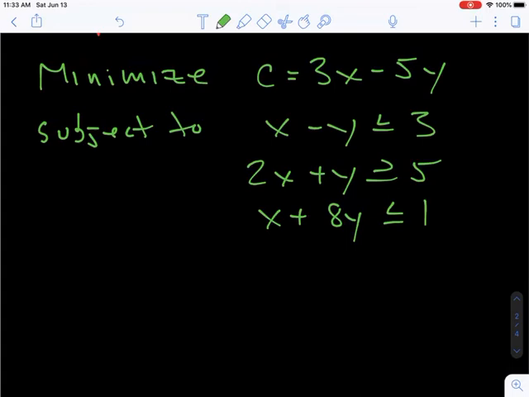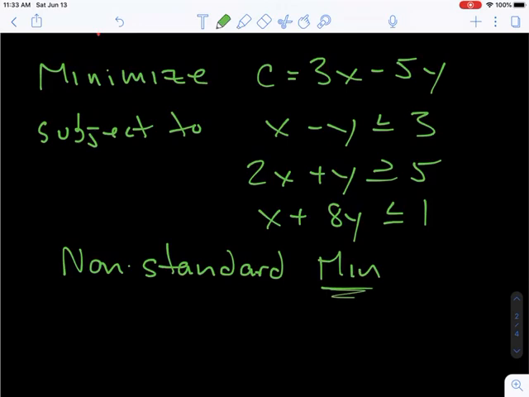Now, this is a non-standard minimization problem. Because we're asked to minimize, and we have mixed constraints. Whenever the constraints are mixed, it's going to be non-standard.